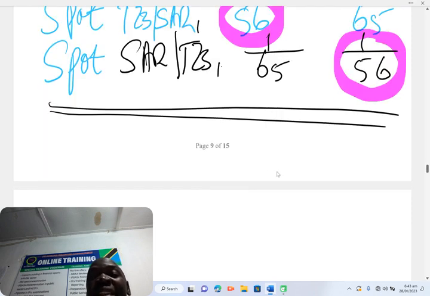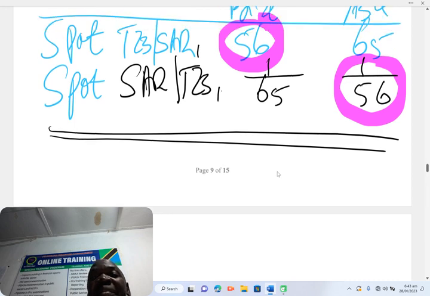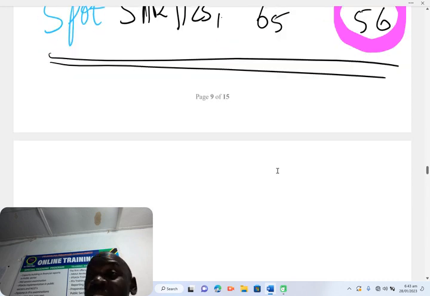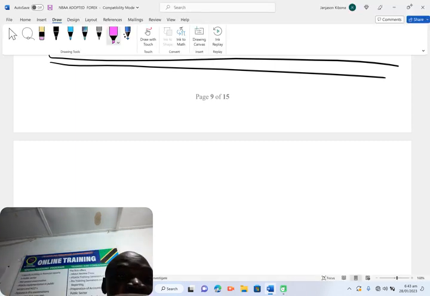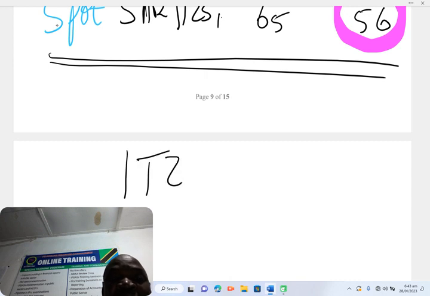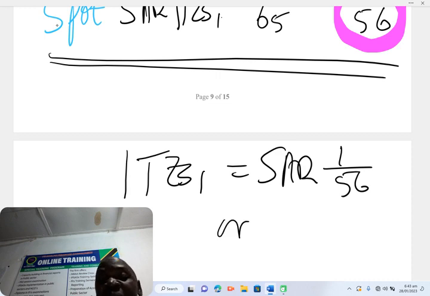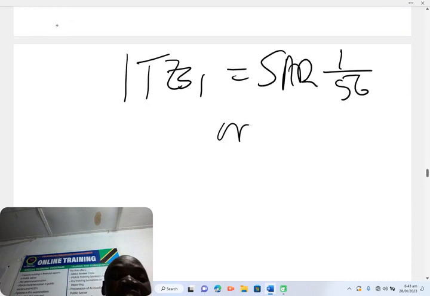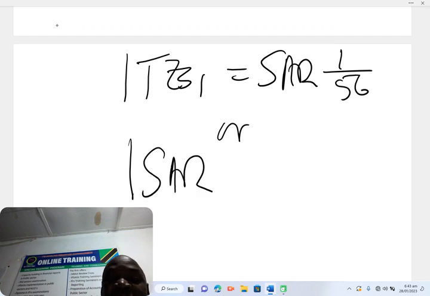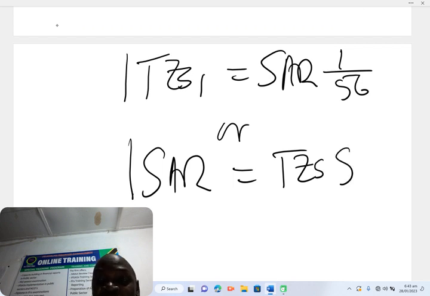So which rate is that? Okay. The selected rate is as follows. We have now trading Tanzanian shillings equal to South African rand 1/56. That is the selected rate, or you can say 1 South African rand equals Tanzanian shillings 56.